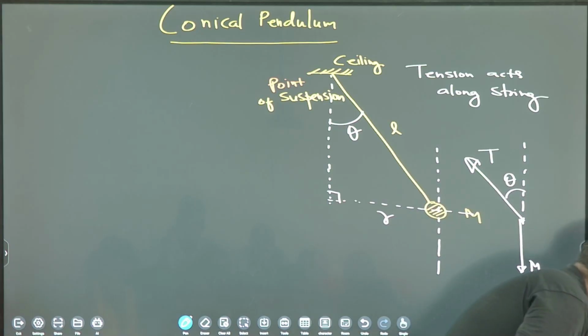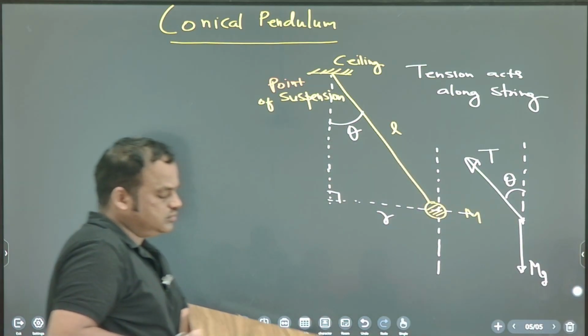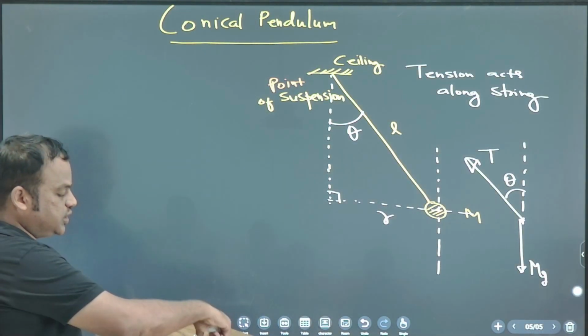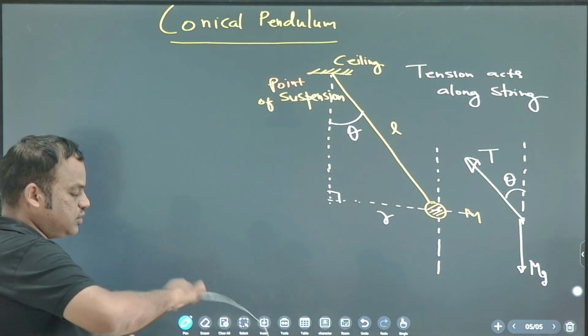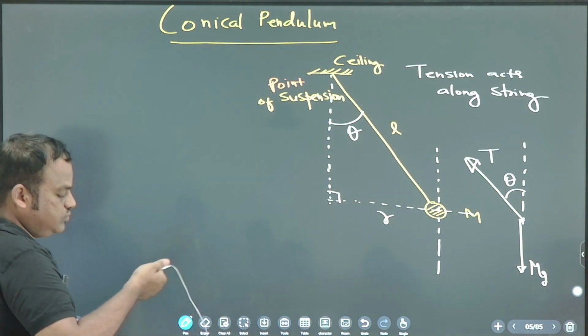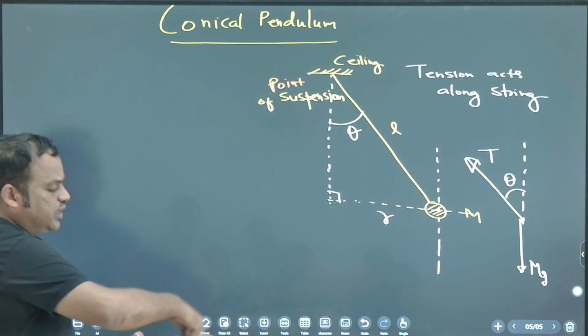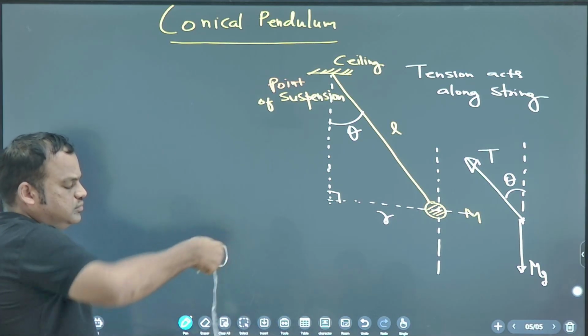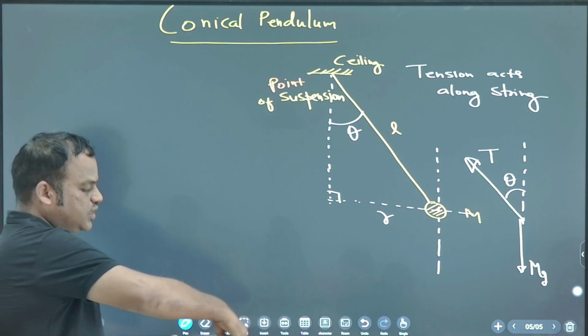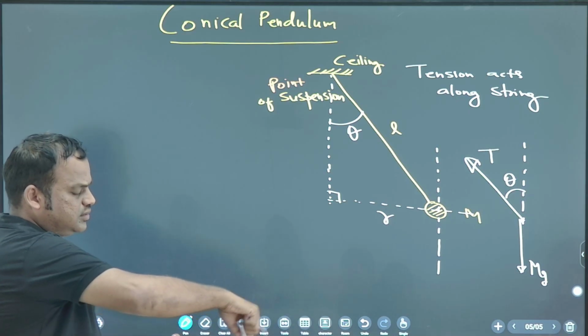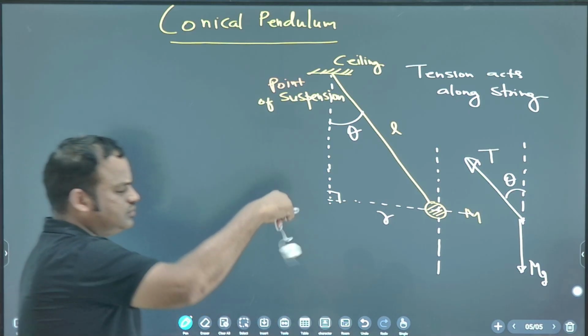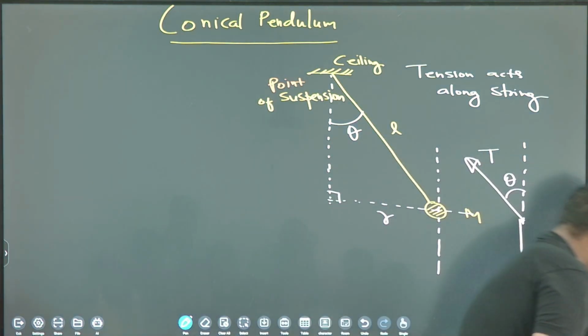When I consider horizontal circular motion, what is the radius right now? What is the radius?